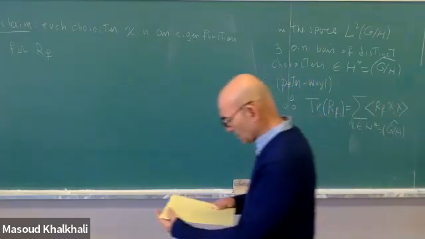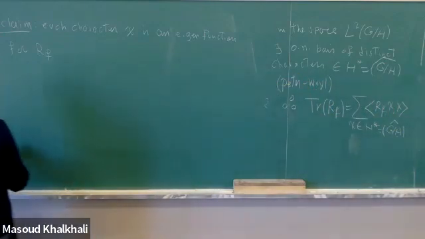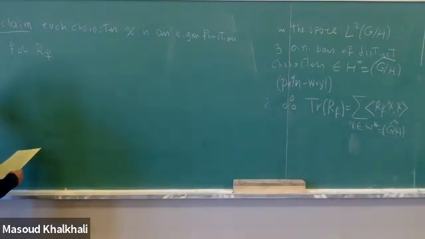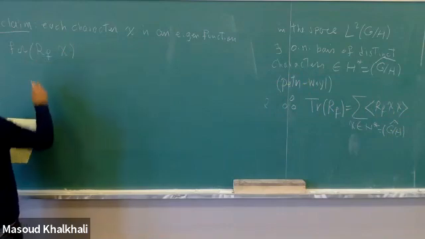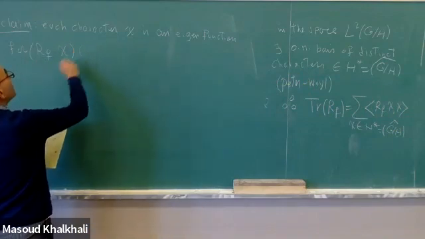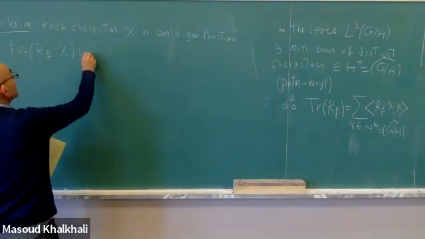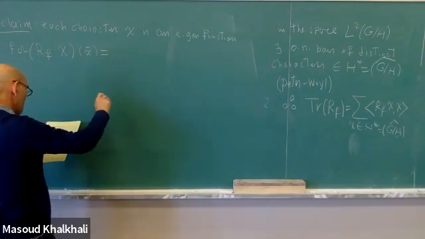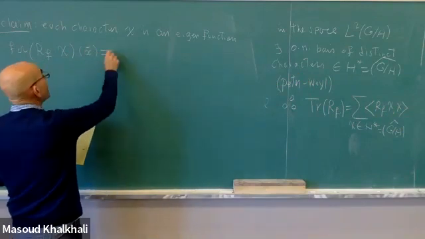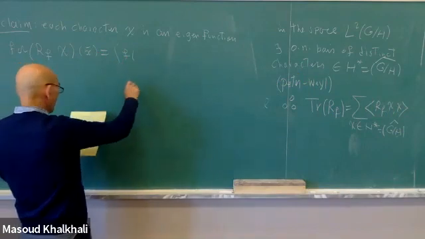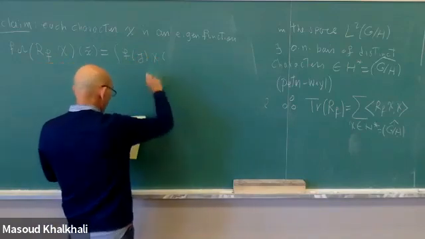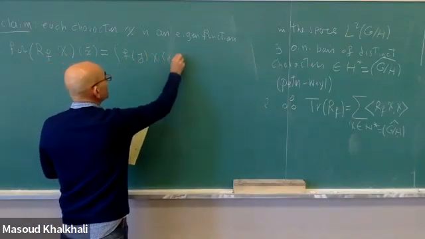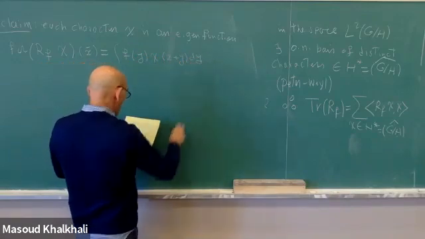It's a very easy computation, except for one fact. So Rf of chi, computed on some x bar, some coset, is equal to the integral of f of y, according to our original definition, chi of x plus y, dy.